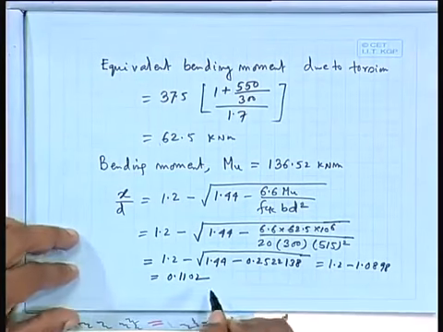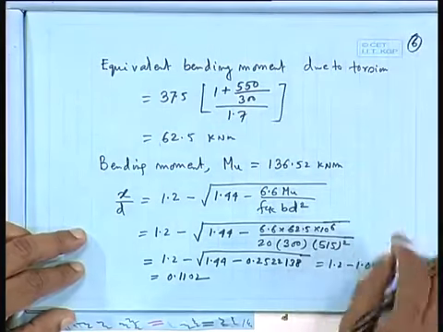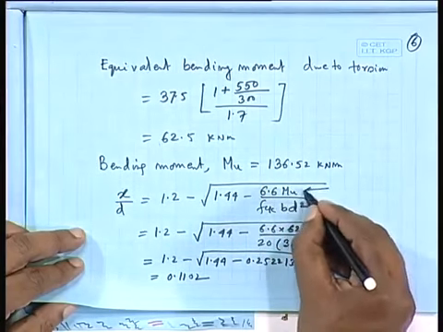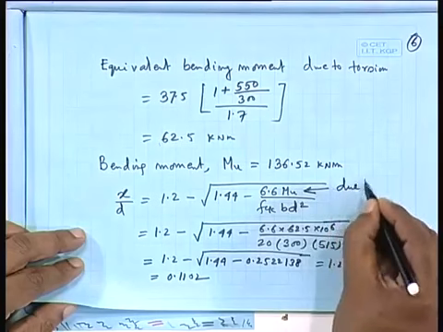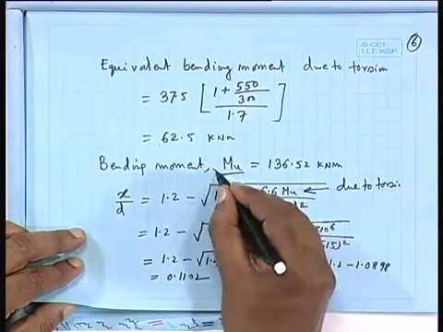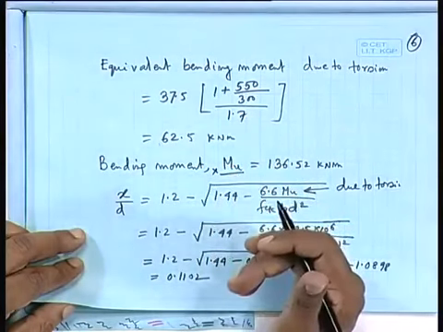So this is the value we are getting here, x by d. So we are getting this due to this Mu, please note this Mu means due to torsion, not this one. This Mu is due to applied load, which is acting, say if you consider that, acting below.